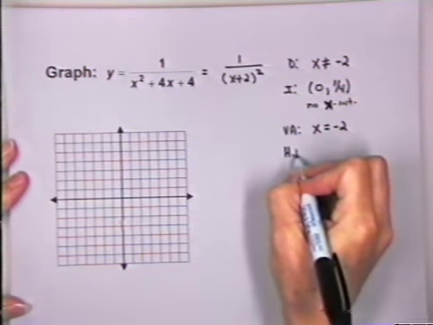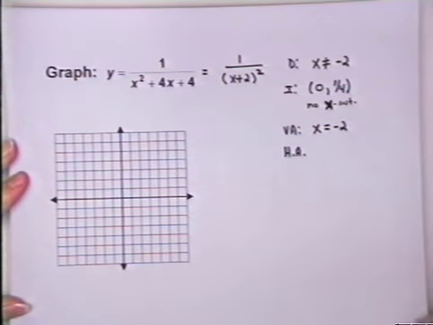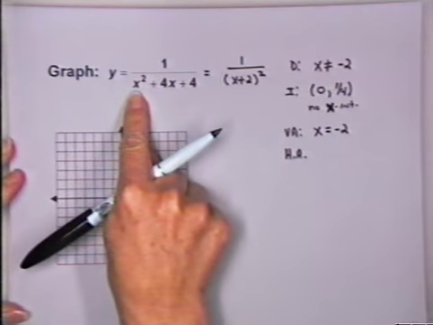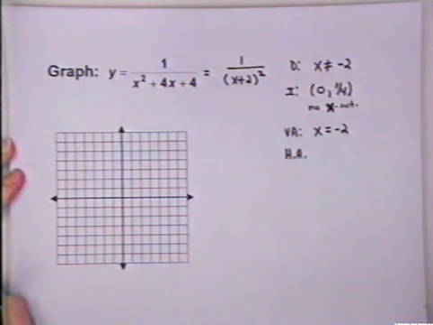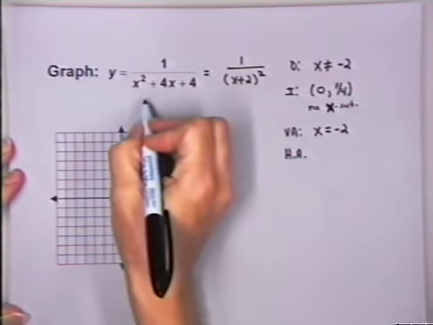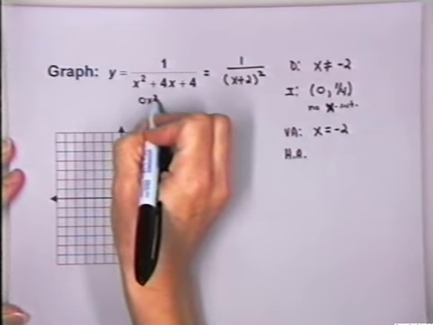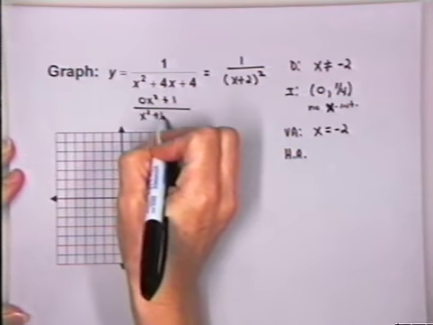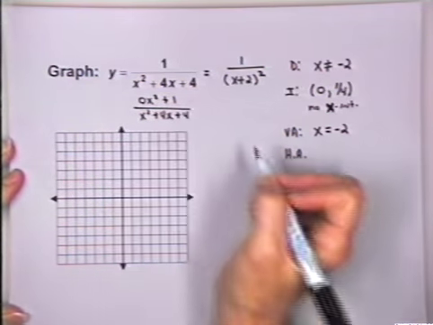What about horizontal asymptote? Remember what I was showing you a while ago? My largest power of x down here is x squared. Do I have an x squared up here? I don't have any x's up there, do I? So I can think of this as 0x squared plus 1 over x squared plus 4x plus 4.